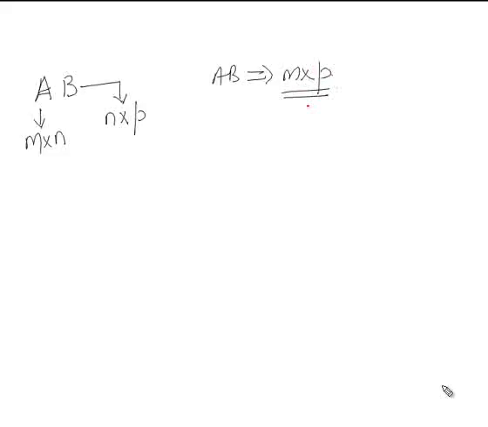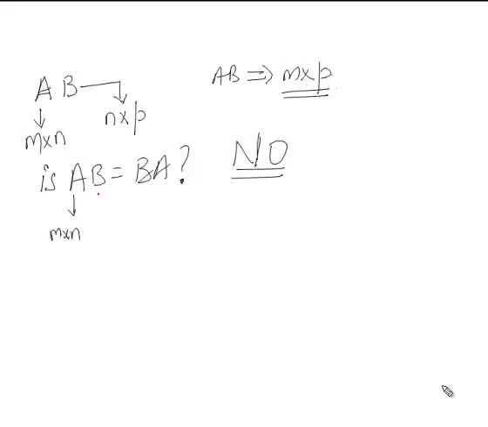Now, is AB equal to BA? The answer is no. Because A is M cross N, B is N cross P. So this condition was met and the result was M cross P.